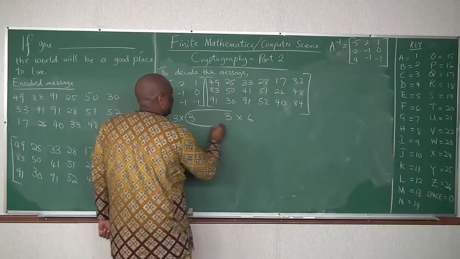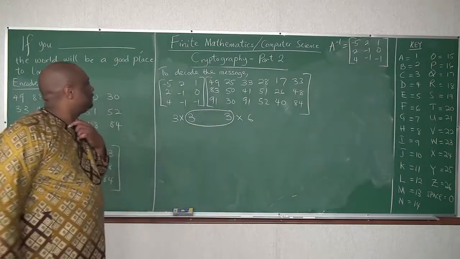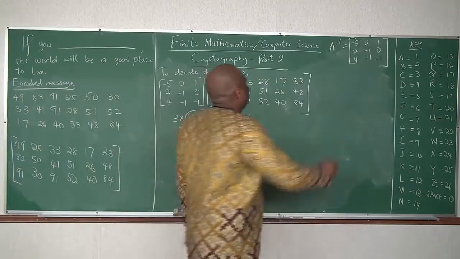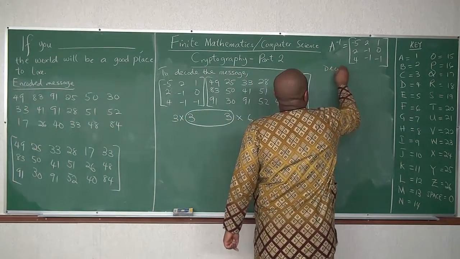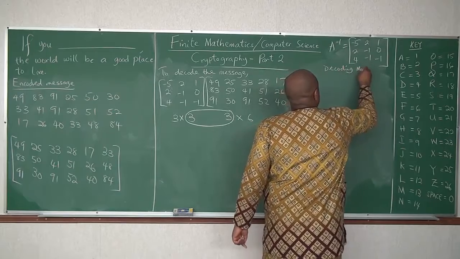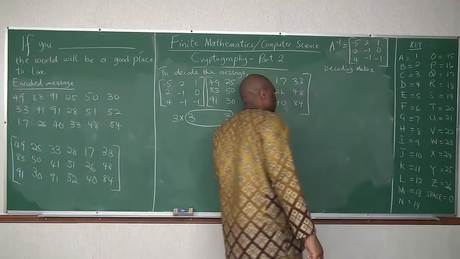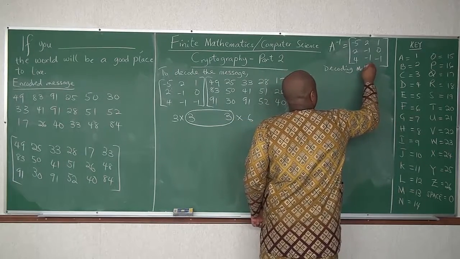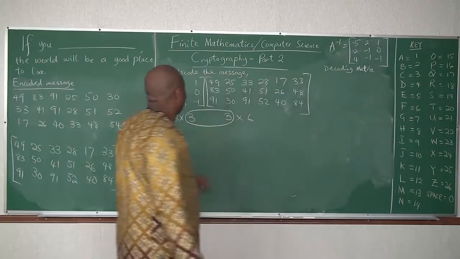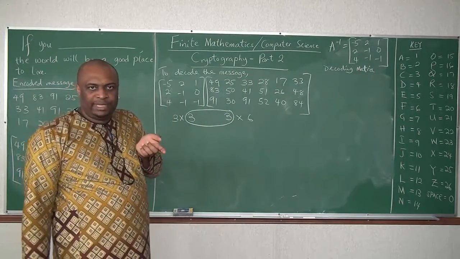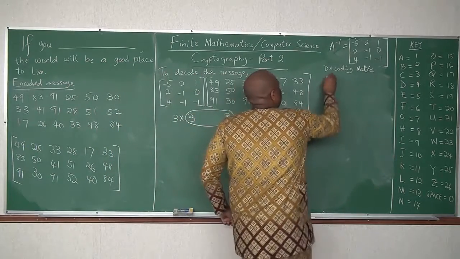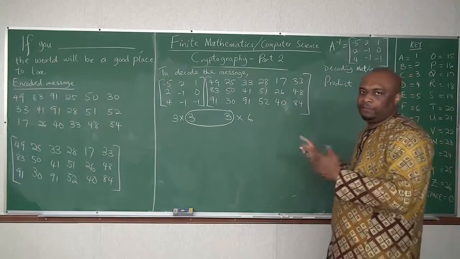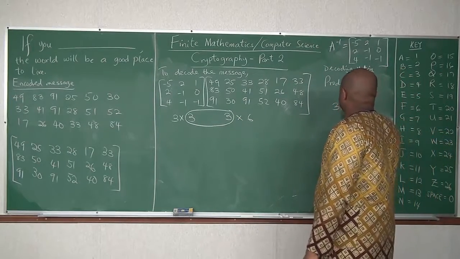So because the number of columns of the decoding matrix, this is now the decoding matrix, should be equal to the number of rows of the encoded message, that is conformable for multiplication. And what should be the order of the product? 3 by 6.